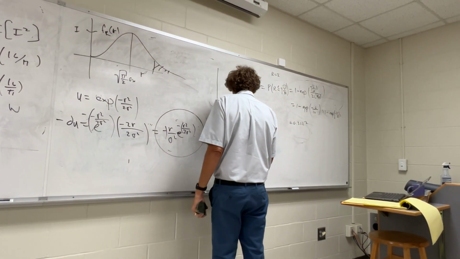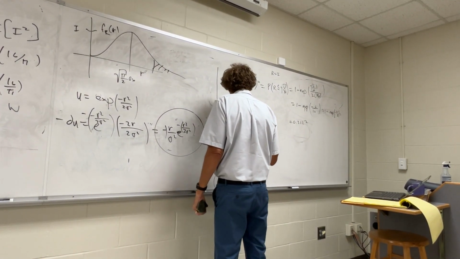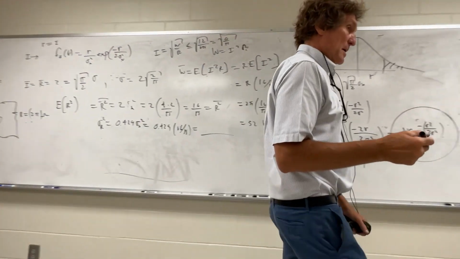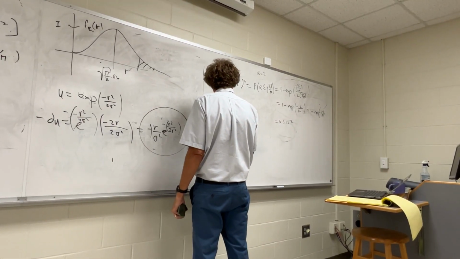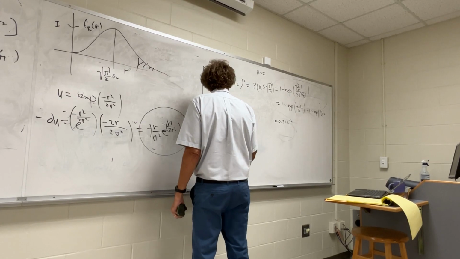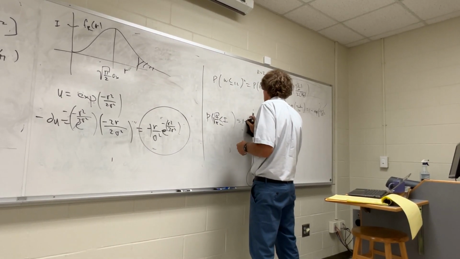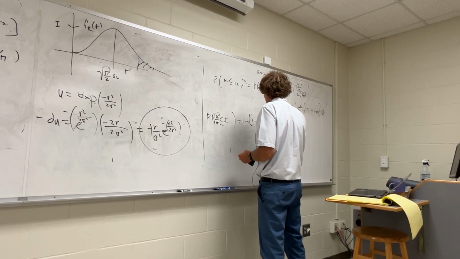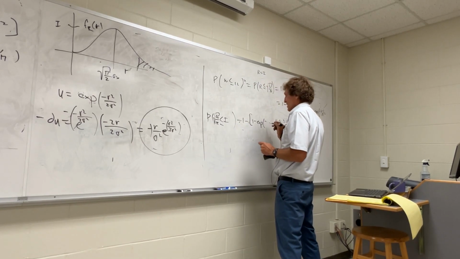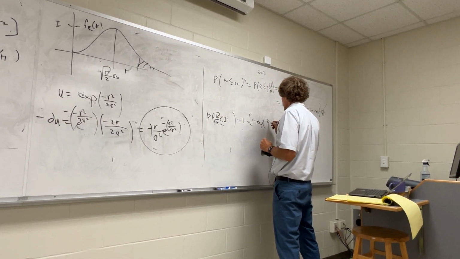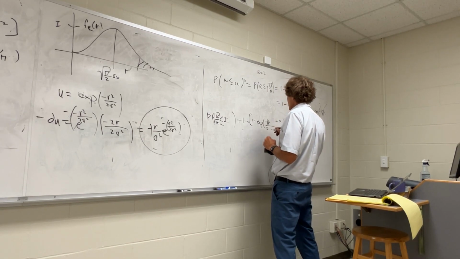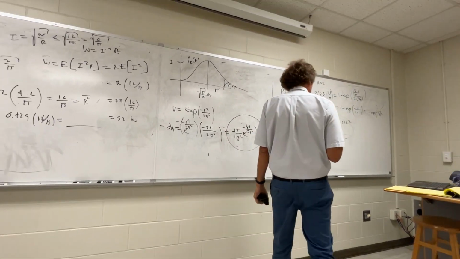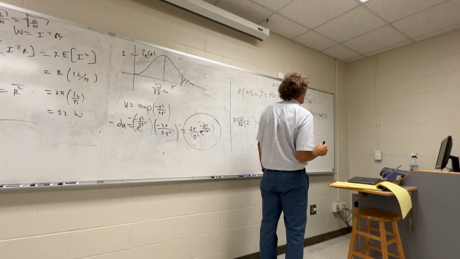The probability of I being greater than or equal to, think about it, 72 over 2 pi, which is 36 over pi, square root of 36 over pi, right? And that's 1 minus the quantity 1 minus exp to the minus that squared, which is minus 36 over pi over 2 sigma squared, and sigma is 2 square root of 2 over pi, so it's 4 times 2 is 8 over pi.